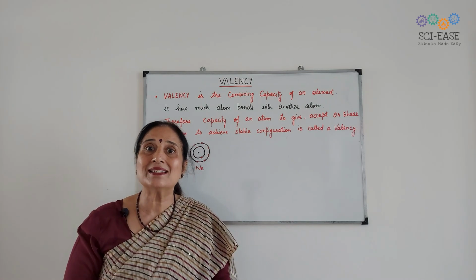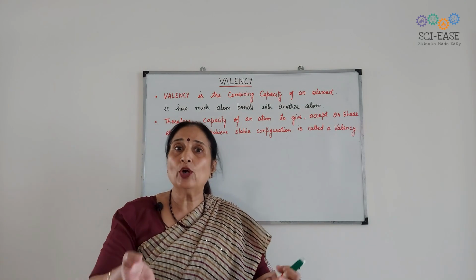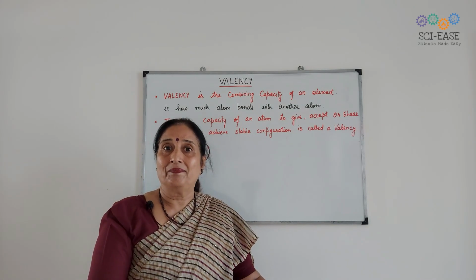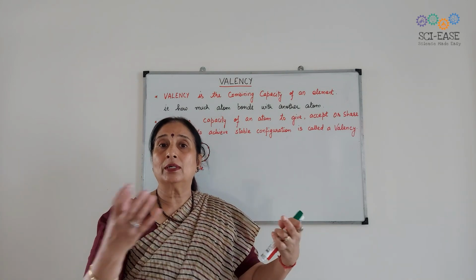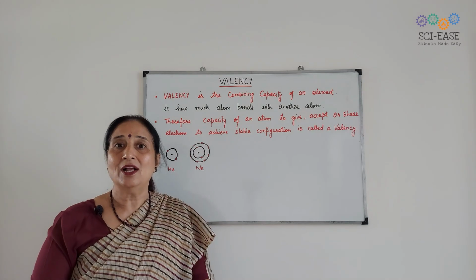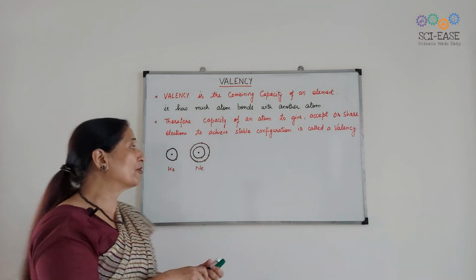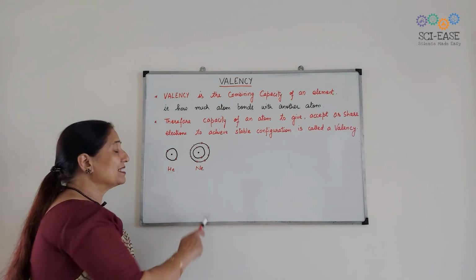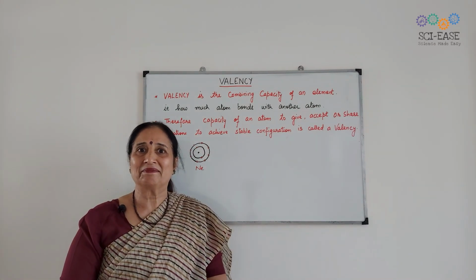This means their valency is 0. They need not combine with some other atom to gain stability. They are already stable, so they can exist in atomic form. He will exist as He. Ne will exist as Ne.